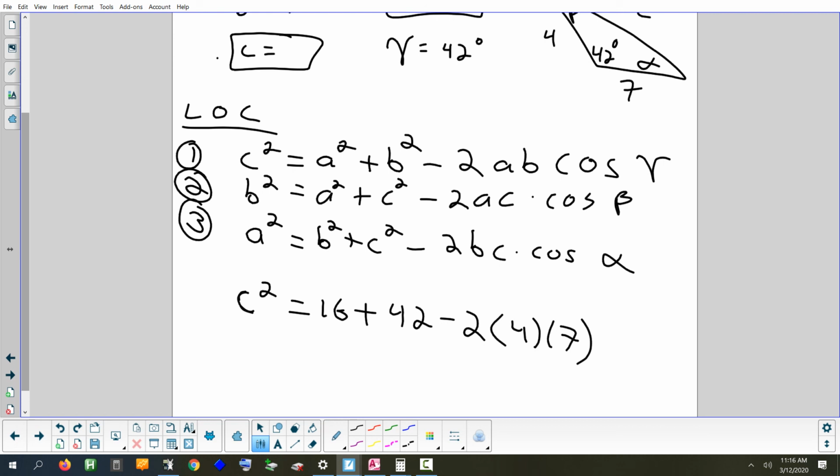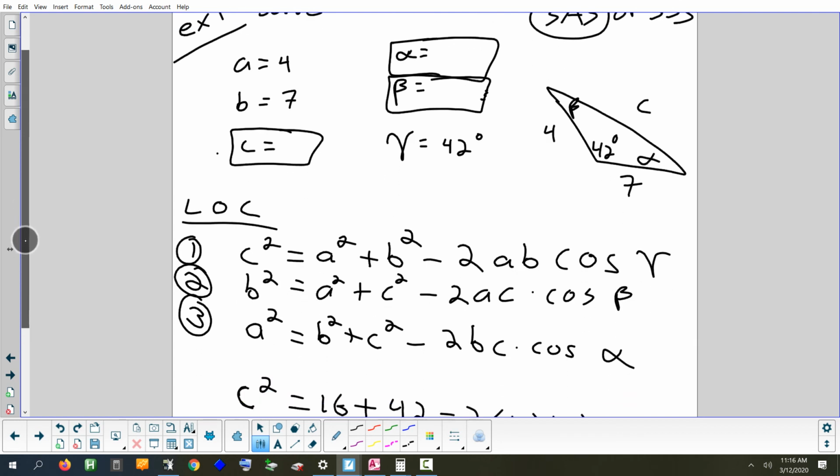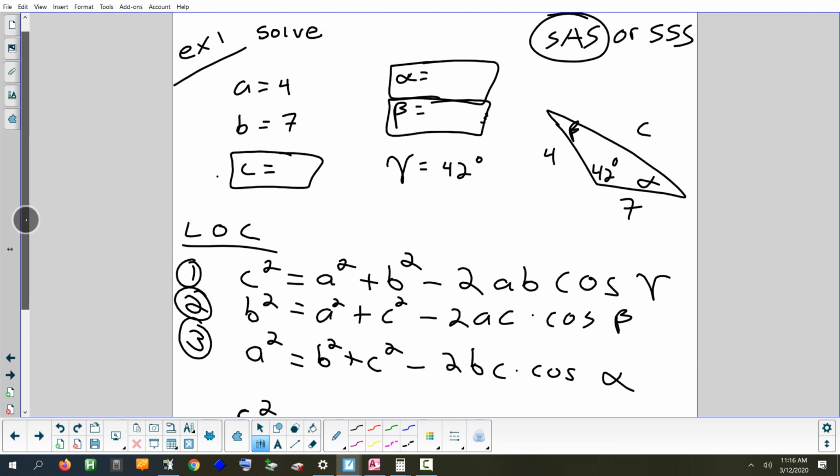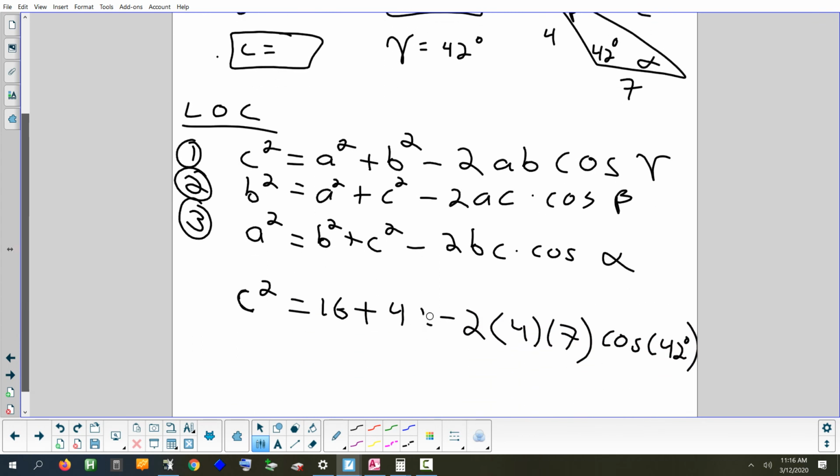We started with c, so I want cosine gamma, cosine 42. Okay. And now you have to do all that arithmetic out on the right, following PEMDAS. I wrote 42 instead of 49. Oh, thank you. Yeah, it's important.